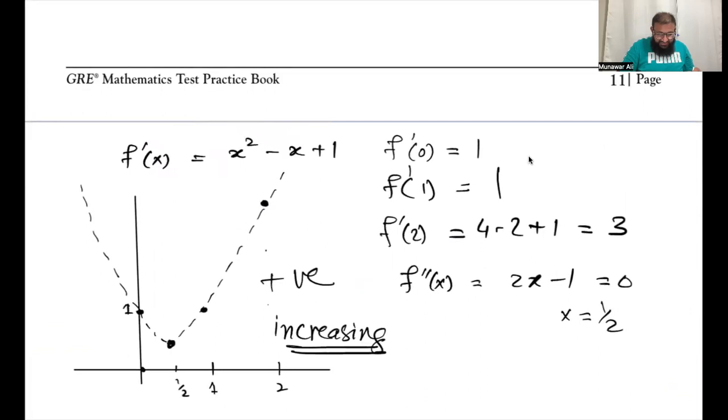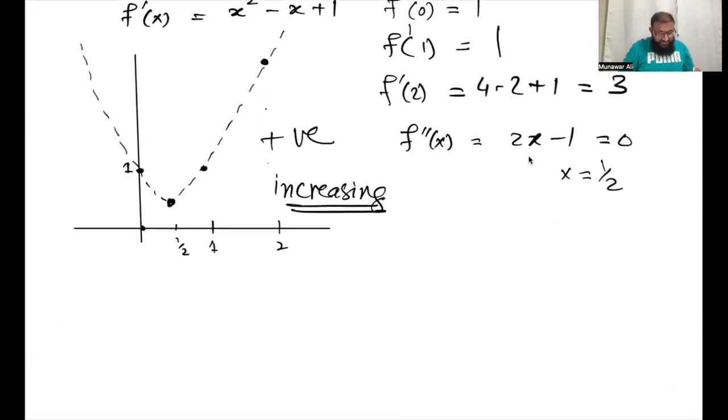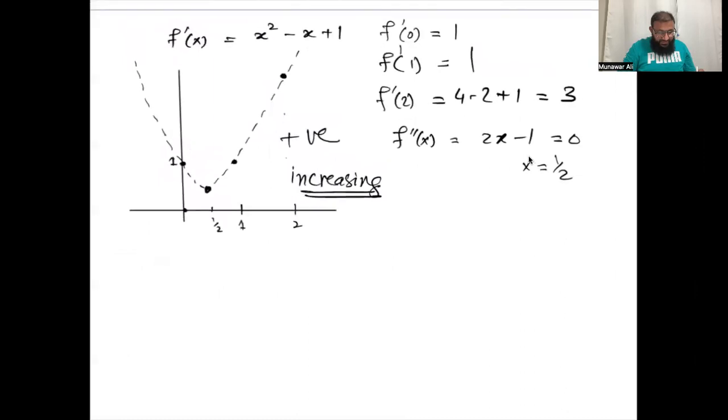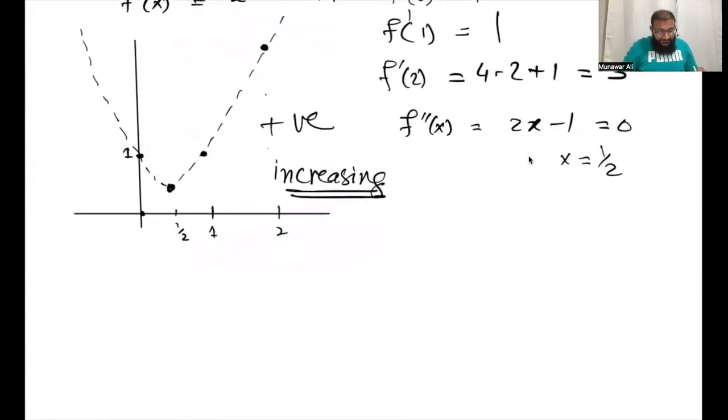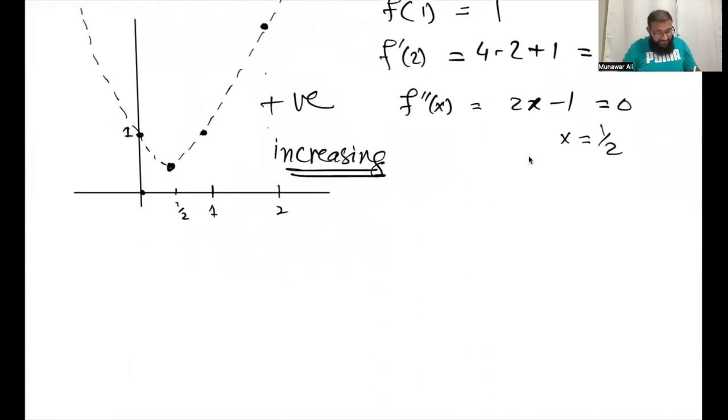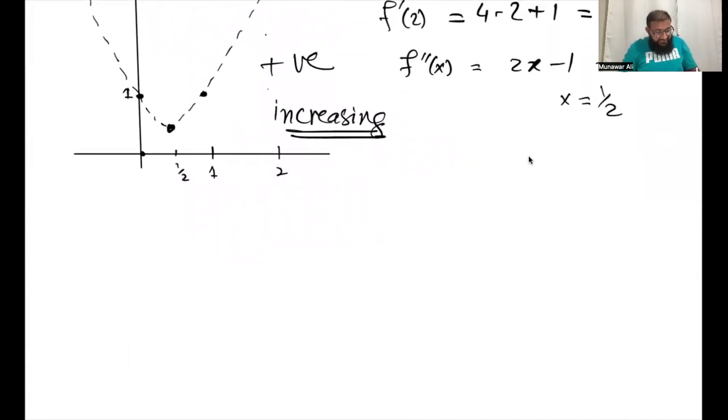The reason to do this is I am drawing the graph of the function itself down here.